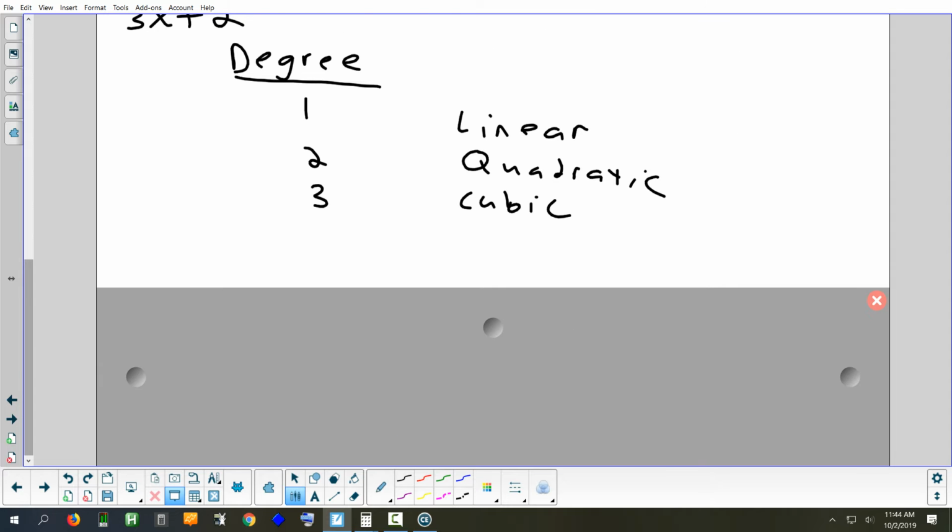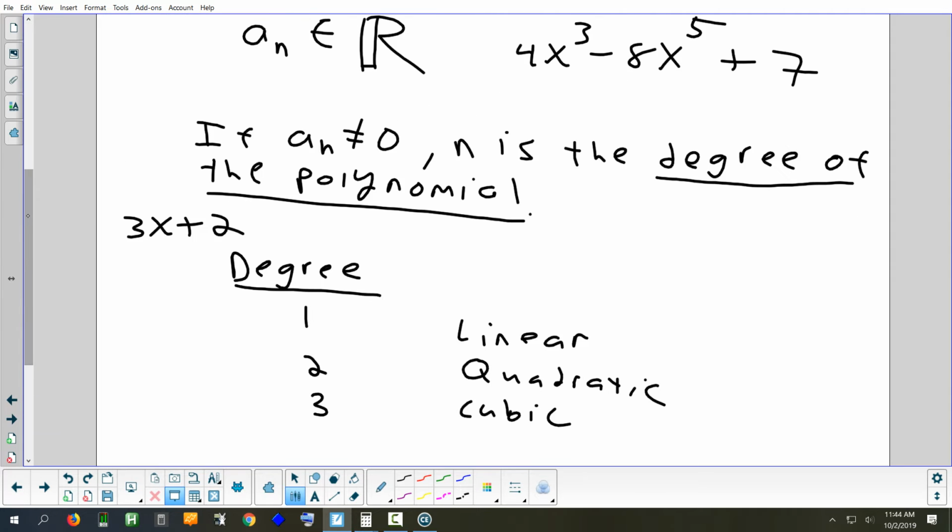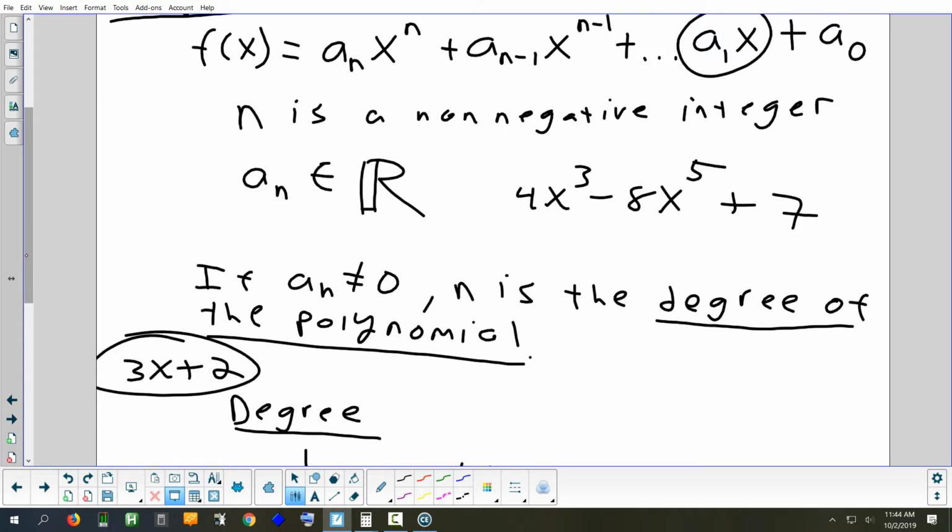Now, think about the domain for a second. Here's a linear polynomial. What numbers are you allowed to plug in for x there? All numbers. You can take any number you want and then triple it and add 2. Okay. How about here?